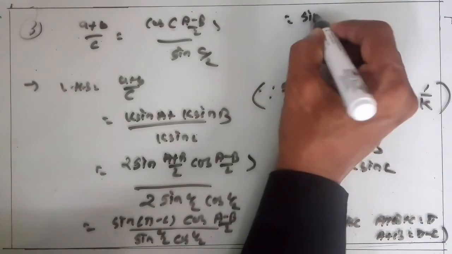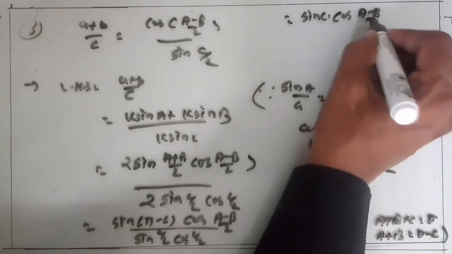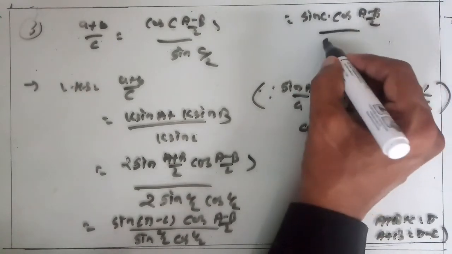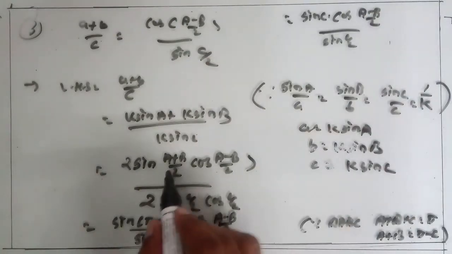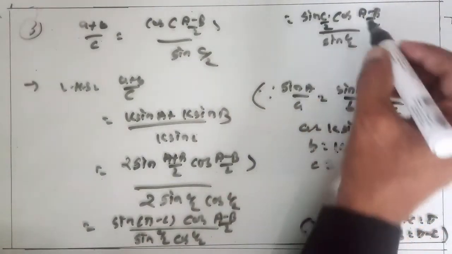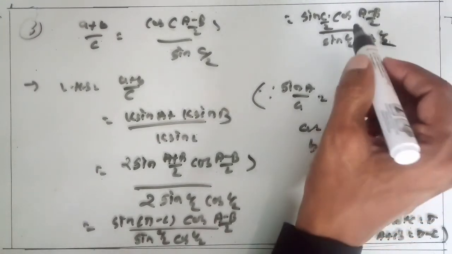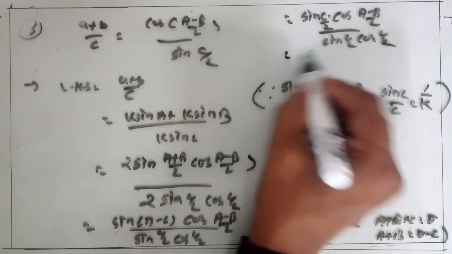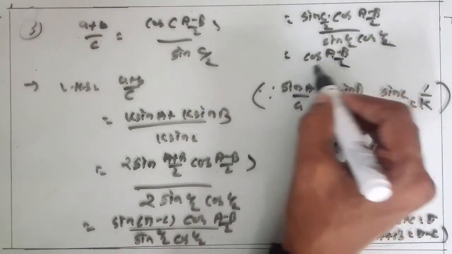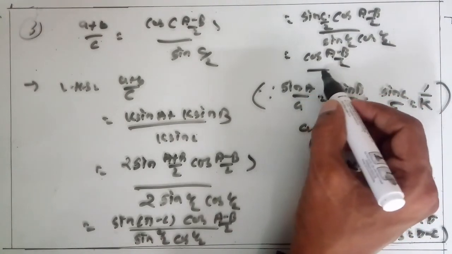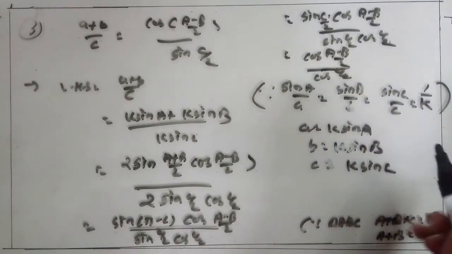So sin C into cos of (A minus B) by 2, upon sin C by 2 into cos C by 2. Now from both, sin C by 2 cancels, we get cos of (A minus B) by 2 upon cos C by 2. Clear this?